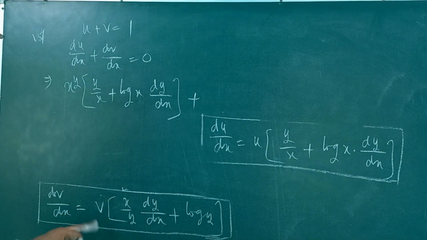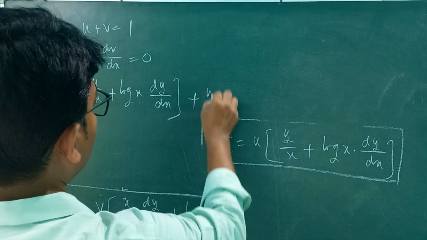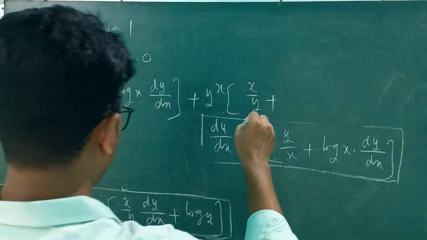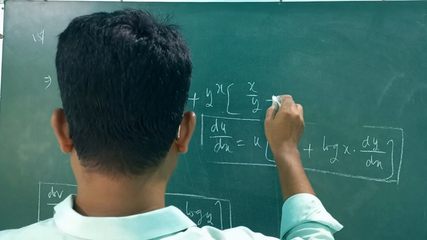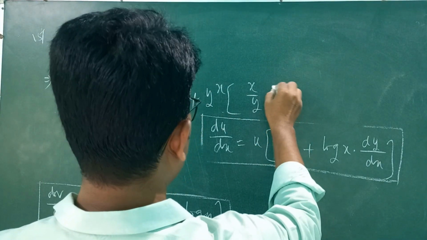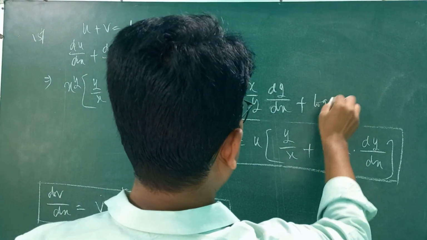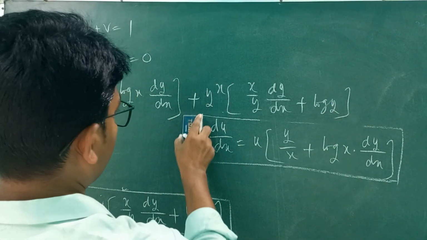What is dv by dx? v into, v means y to the power x, x by y dy by dx plus log y.